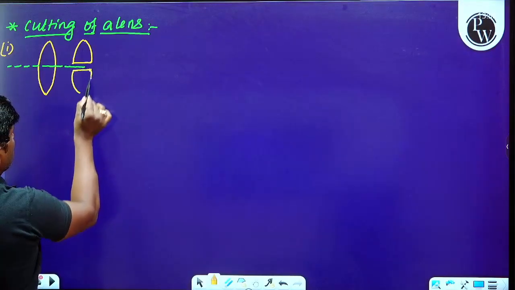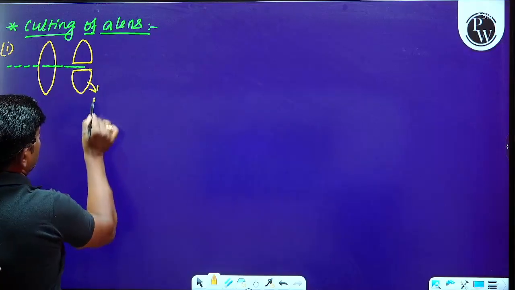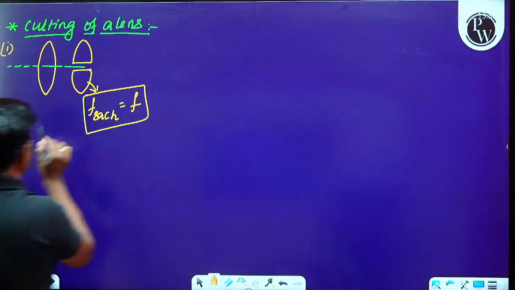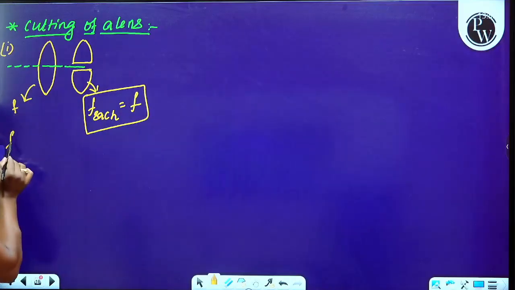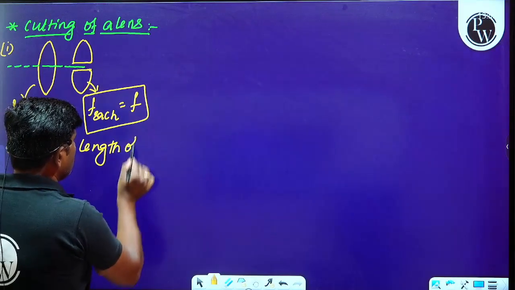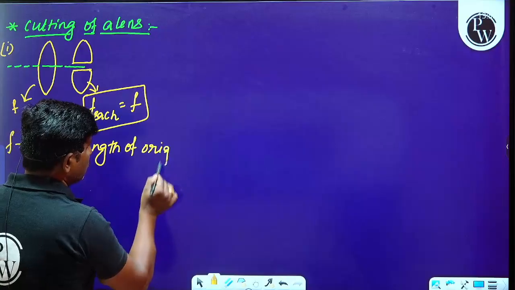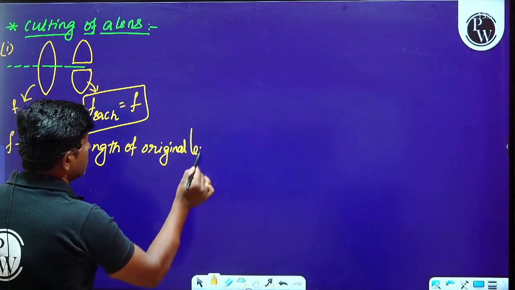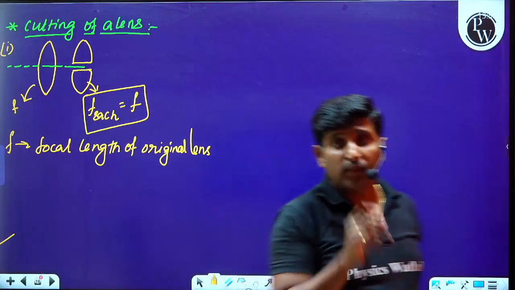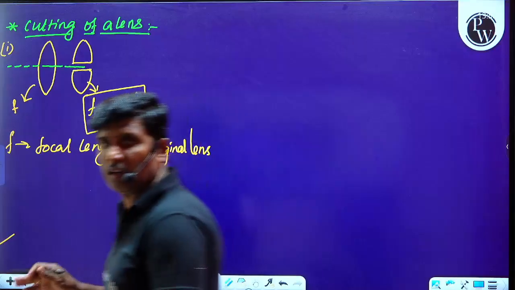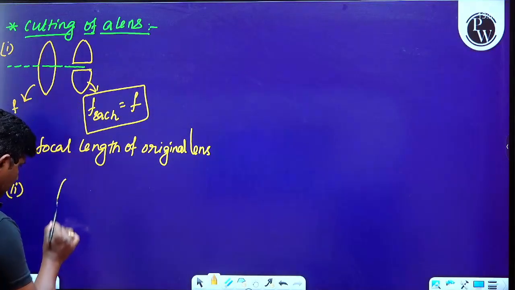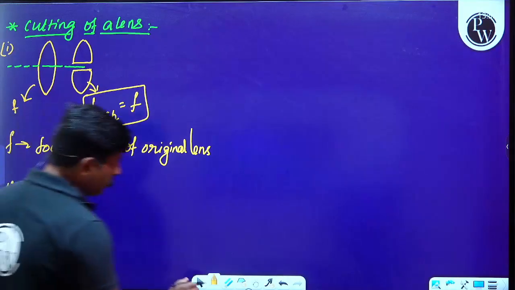The focal length of each part is equal to F, where F is the focal length of the original lens. So after cutting, the focal length of each part will also be equal to the focal length of the original lens.